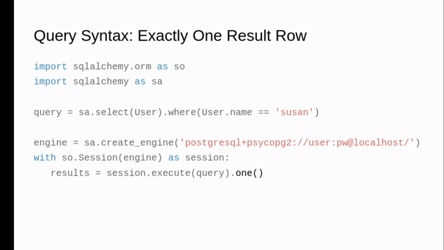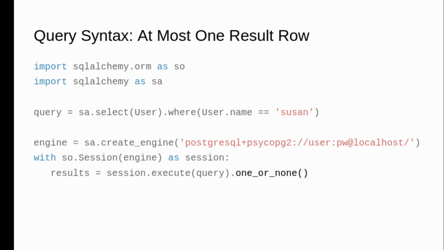You can get one, and this is nice because if the query returns 0, 2, or more, you get an exception. So basically you're saying, I want one and only one, and if it's not one, error. And then there's one that allows one or none, but doesn't allow more than one. So all these ways to get the result.